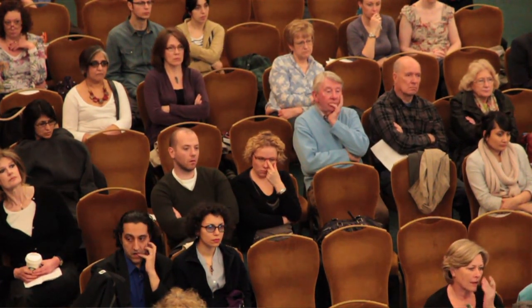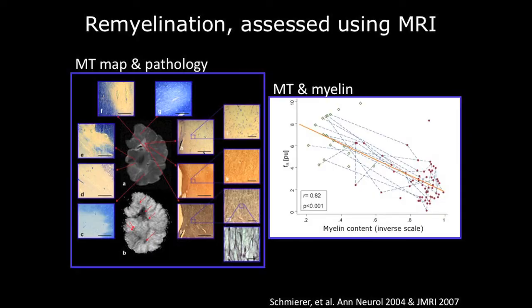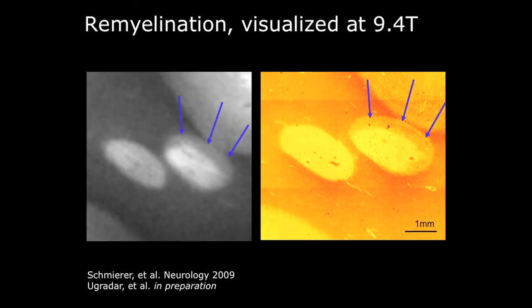What we've shown here, again in post-mortem brain tissue, is that there's a very good correlation between this MRI marker and the proportion, or the amount, of myelin in the brain. So it's quite a reasonable predictor. We can obviously do better, and when you use a high-powered machine, you can actually visualize this rim of remyelination.